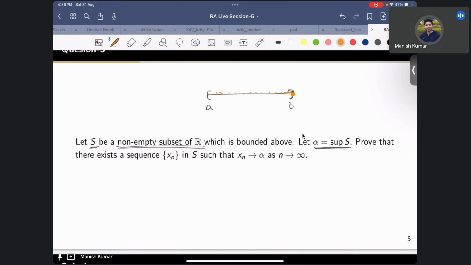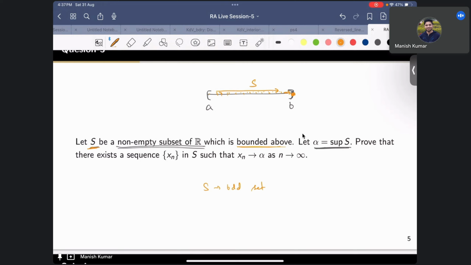When you have this S, which is a bounded subset, S has some supremum value. Now you have to just find an increasing sequence. If I find an increasing sequence in this set S, then obviously it will converge to the supremum value, which we already know. So we have to just find an increasing sequence. That's all we have to do.